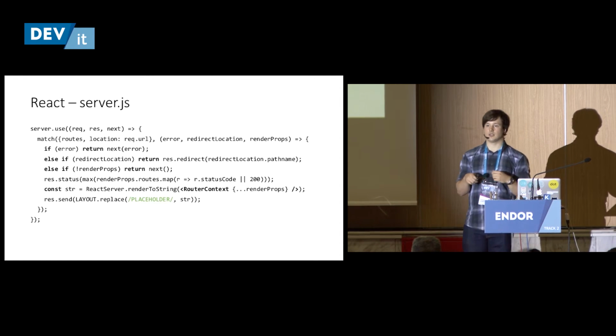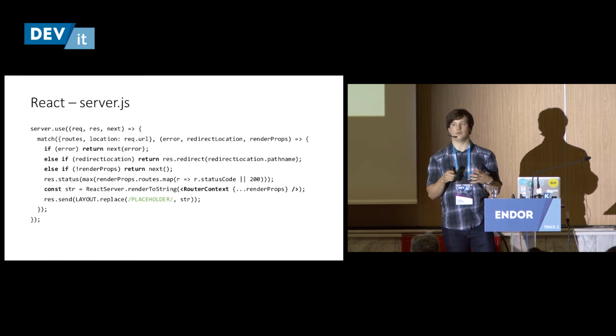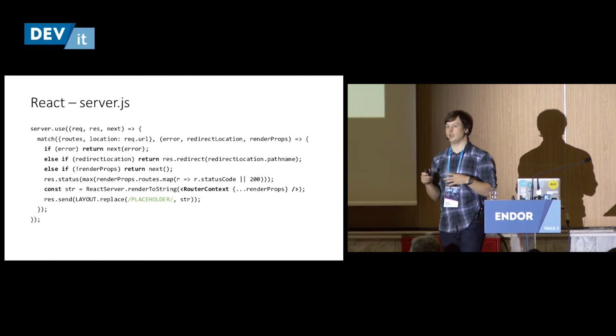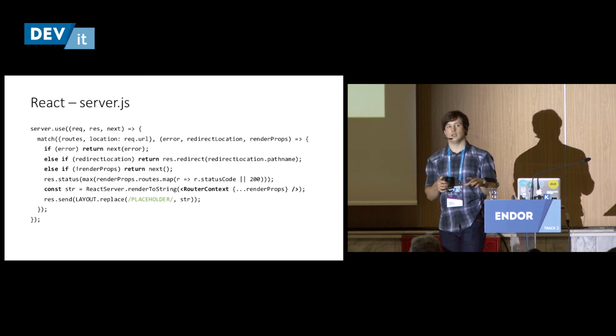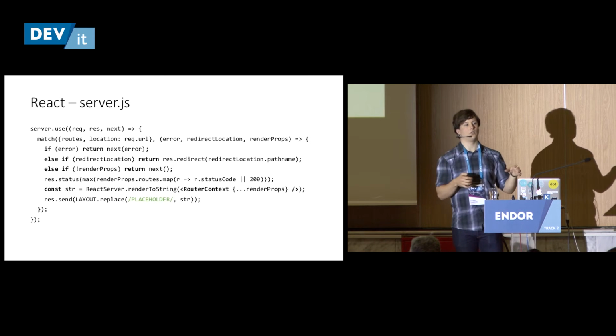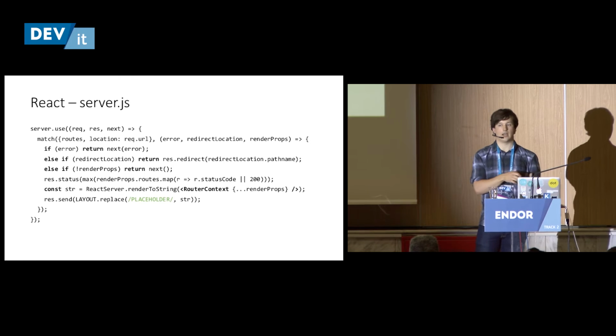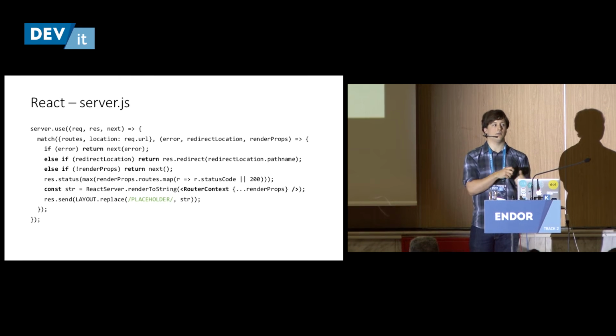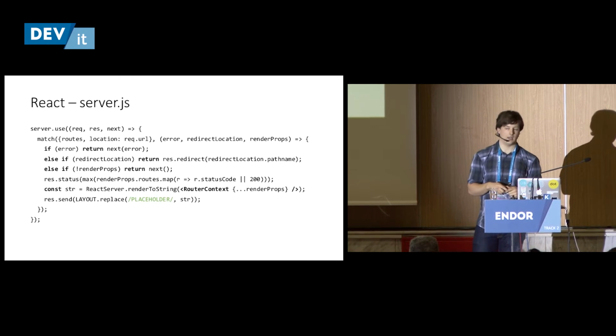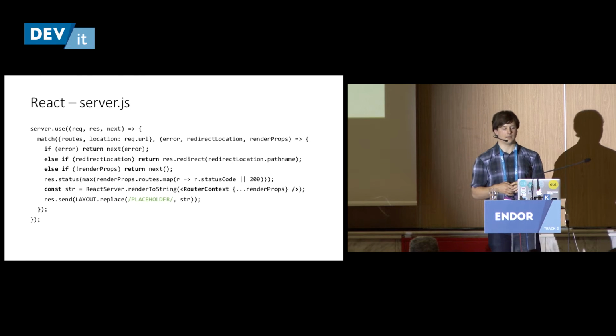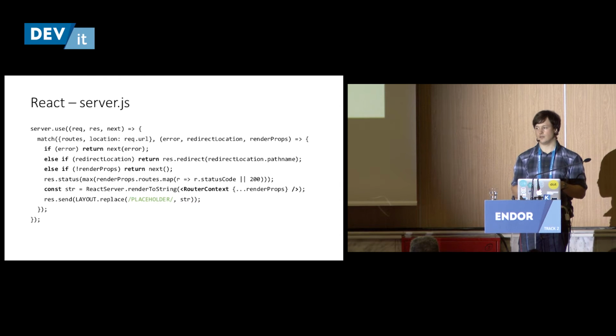The reason this is asynchronous is because React Router has some more advanced functionality for doing code splitting. So you can have only part of your application's JavaScript loaded and have it load the rest in dynamically when certain routes are hit. So that's why this has this sort of slightly weird asynchronous interface.